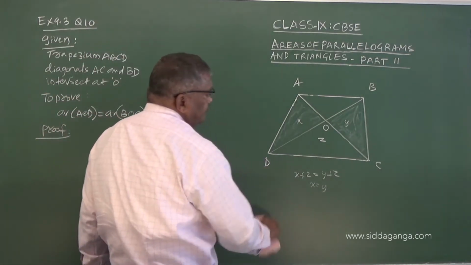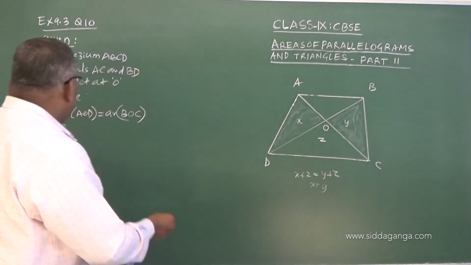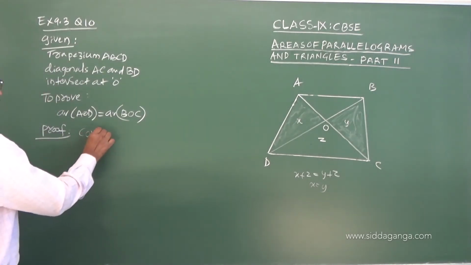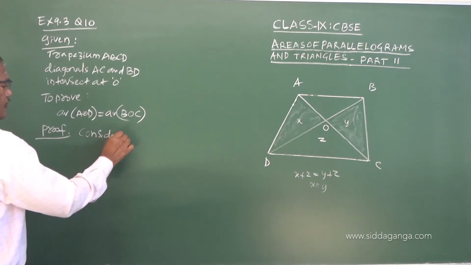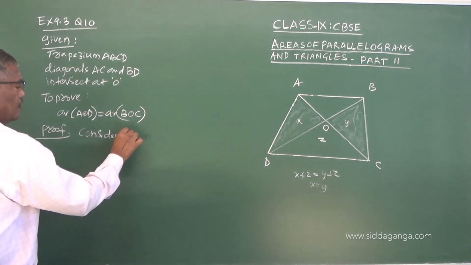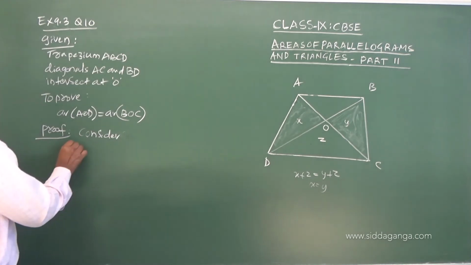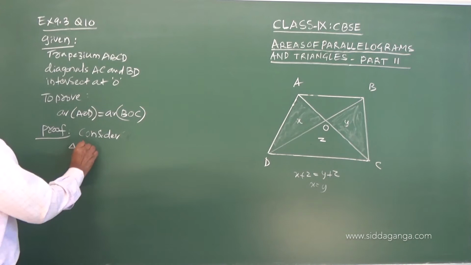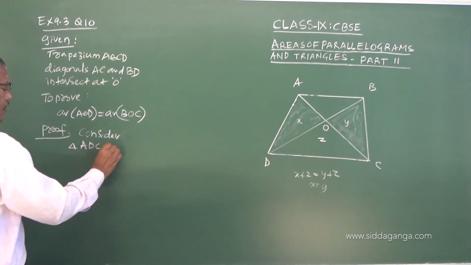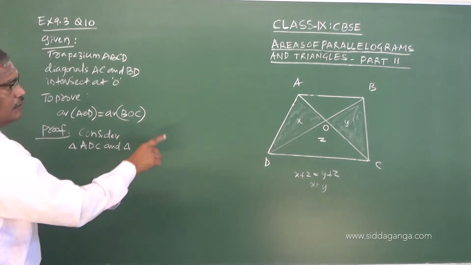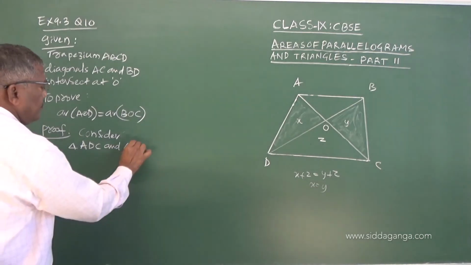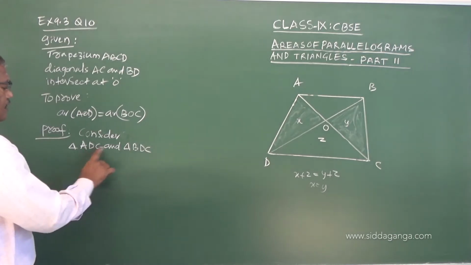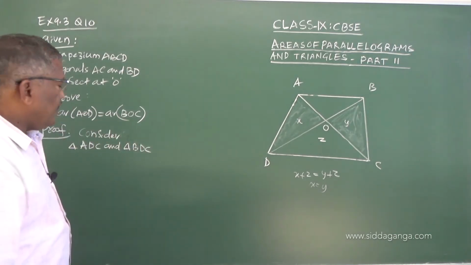So now I will proceed like this. Consider triangle ADC and triangle BDC. So I have called this X and this Y for easier understanding.